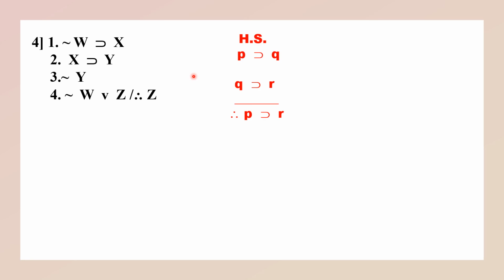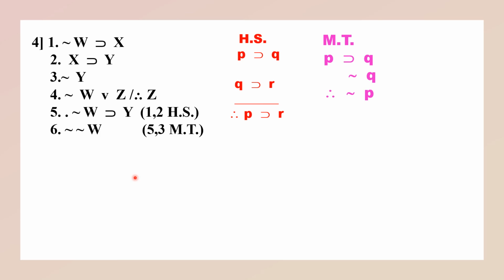You can apply the rule of MT. Before that, you can apply the rule of HS also here because we are having X. You will get curl W implies Y. HS. Now you can apply the rule of MT to get negation of W, that is curl W. MT.